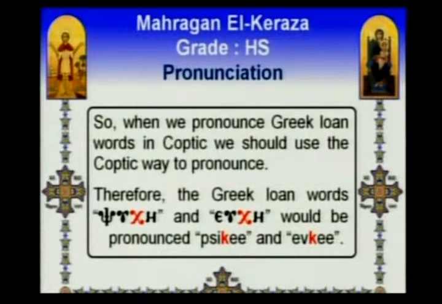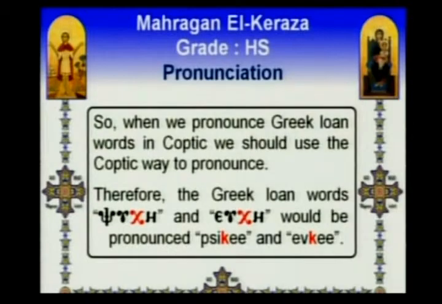For example, there are 2 words, psiki and evki. Now in Greek, they have different pronunciation, but we cannot say, well, we are going to pronounce it as sh or whatever.